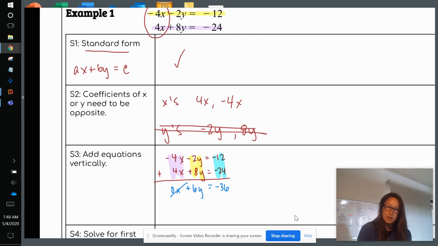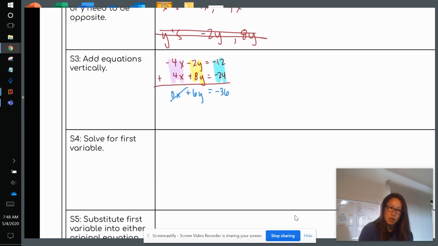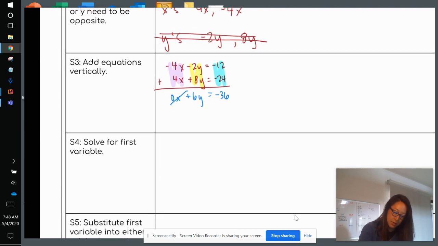My 0x goes away. So then step number 4, I'm going to go ahead and use this equation to solve for the first variable. So I do 6y is equal to -36. I'm going to go ahead and divide by 6, and y is equal to -6.